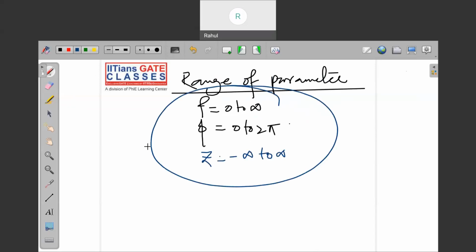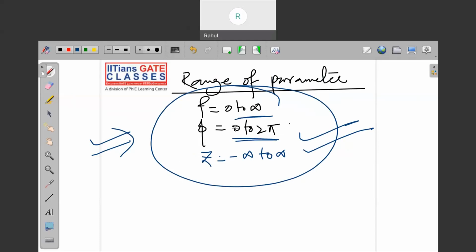So if we are using the cylindrical coordinate system, these are the limits of integration you can take to compute any kind of integral. So you can put the limit of rho. If rho is given, you have to take it from 0 to 5, and phi can be taken from 0 to 2 pi.